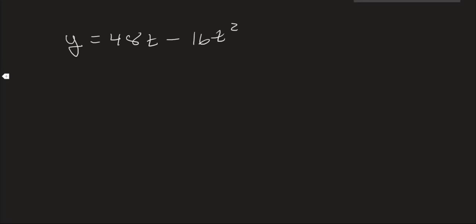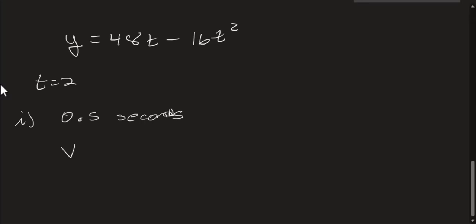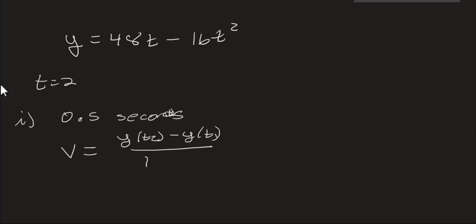And we want to know the average velocity for the time interval beginning at t equals 2 and lasting for each of the following. So for part I, it says for 0.5 seconds. So velocity is the rate of change of position. So what we're looking for is the position at time 2 minus the position at time 1, over time 2 minus time 1.